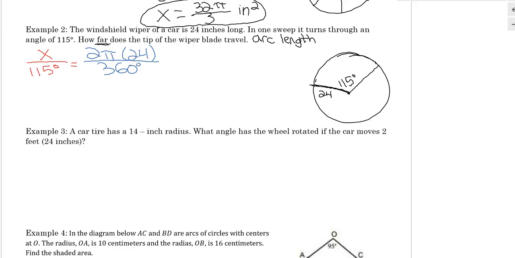Okay. So again, now I'm just cross multiplying, right? So I have 360 times x equals 115 times 2 pi times 24.